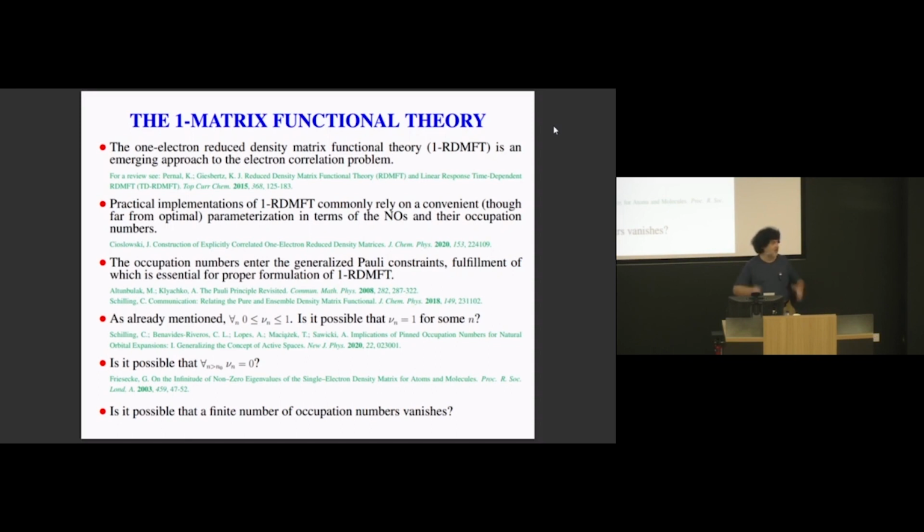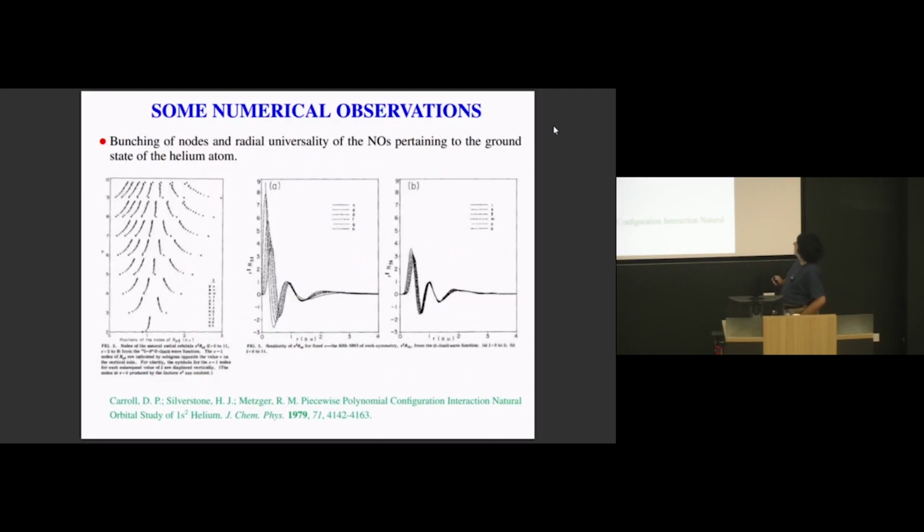So I can show you a particular system and say, this is the thing which has unoccupied natural orbitals. All right, there are some numerical observations that also come from a long time ago about natural orbitals. There is so-called bunching of nodes that I'm going to skip here, but also universality of NOs pertaining to the ground state of a helium atom. For example, I'm using the helium atom as the simplest case, so it's easy to see things.